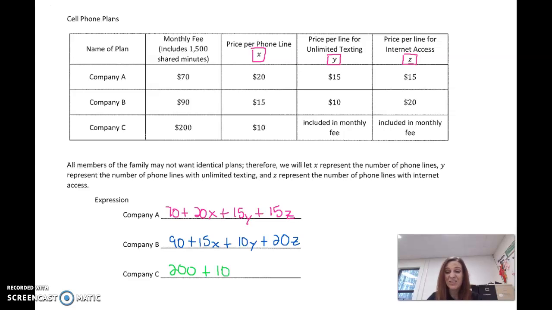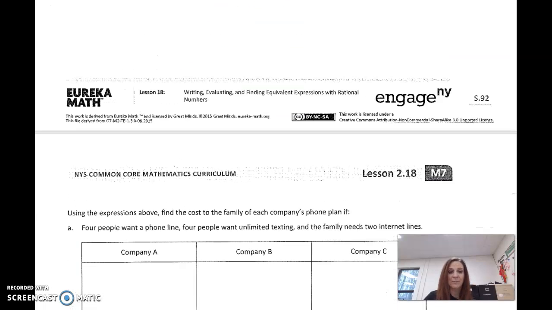Plus, you're going to pay an additional $10 per phone line. But you don't have to pay for unlimited texting or unlimited internet usage or access, because that's included in this $200, which is why that's more. Okay, so we wrote an expression representing each company. Now we can look at the needs of John's family and figure out which one will be least expensive.